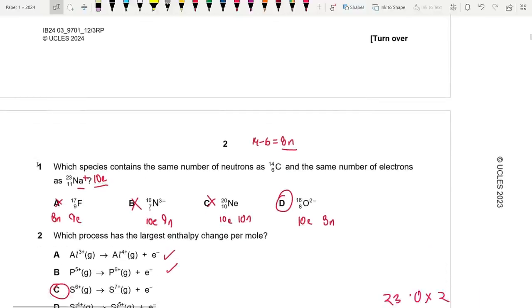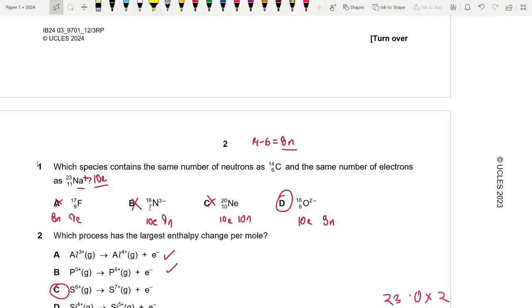Which species contains the same number of neutrons as carbon 14, the isotope, and the same number of electrons as Na+, the cation? To find out the neutron number for carbon 14, what do you need to do? Mass number 14 minus proton number 6.